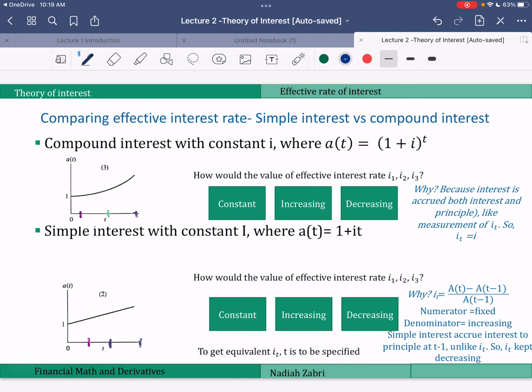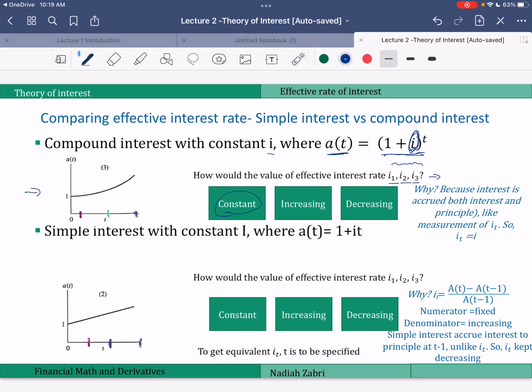Okay, so compound interest with constant I, this is the accumulation function for the compounding interest scenario. In this situation, if we want to find the effective interest rate for the first year, second year, third year, and so forth, this effective rate of interest is going to be a constant value, and that constant value is this I. So it's constant in this scenario.